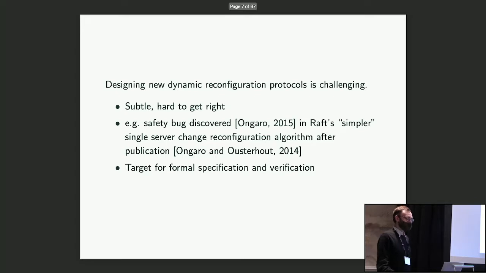So this is one example that illustrates that these are good protocols as a target for formal specification and verification efforts. For example, Raft did have a formal specification in its initial publication, and then there was a later verification effort, but this did not include or cover the reconfiguration aspects of the protocol.